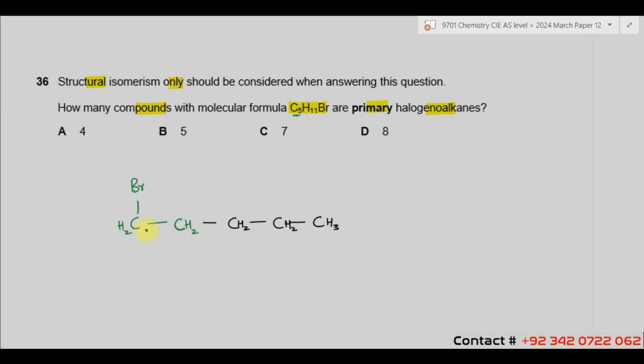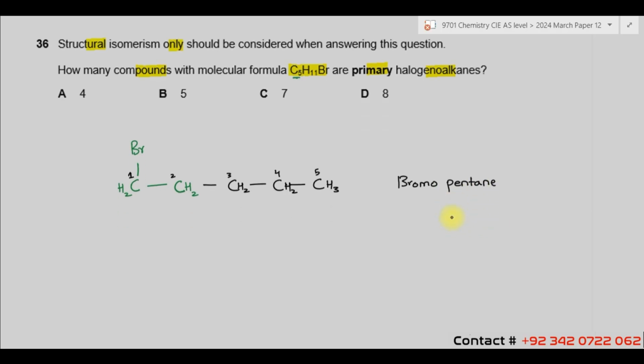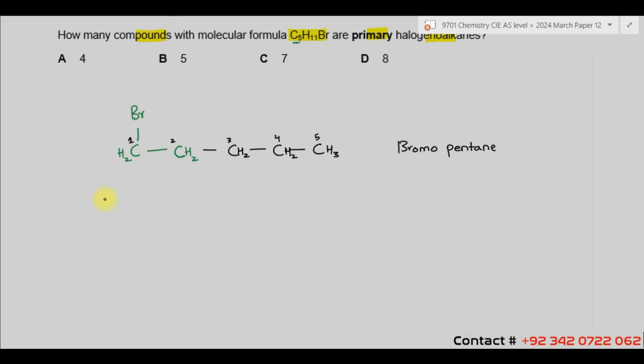So we have 5 carbons in long chain. It is pentane. Bromine is present on first carbon. So 1 bromo pentane. Let's draw the other possible structures. These 3 cannot be changed.